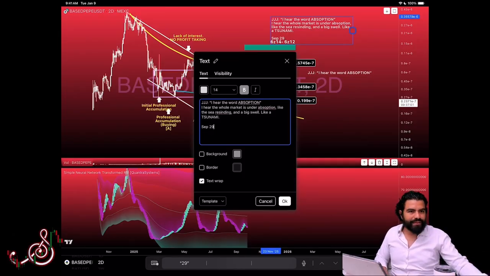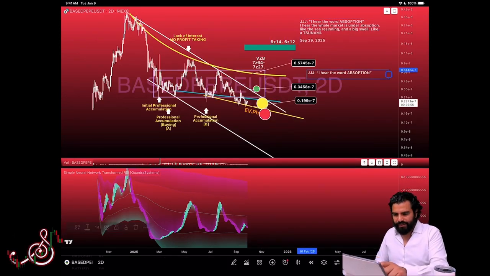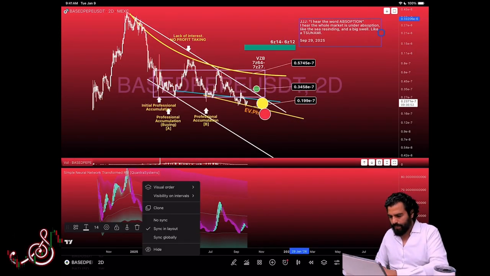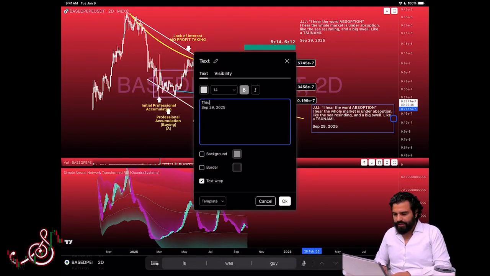September 28th. Nope, 29th? Yeah, 2025. What I'm going to write down is my comments, what I feel about this, what I think about this crypto. This crypto has strong signs of professional accumulation and will be added to the large accumulation list because this says large accumulation. However, it even shows that absorption has completed.